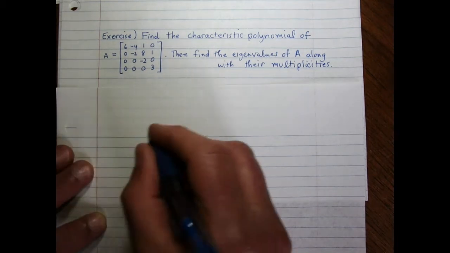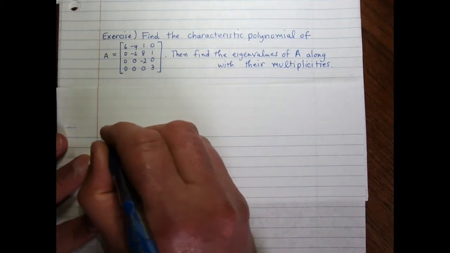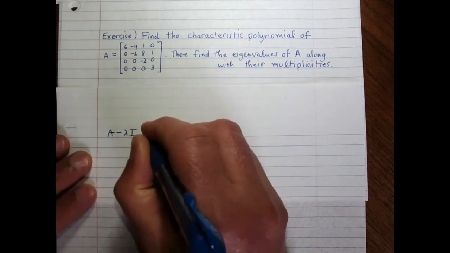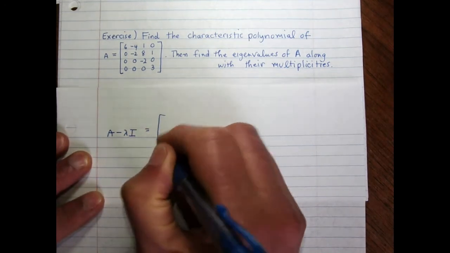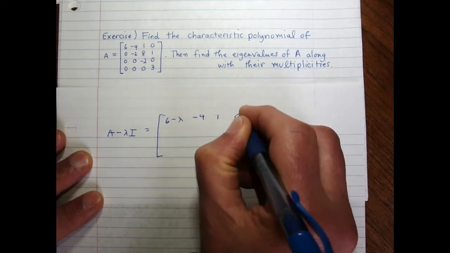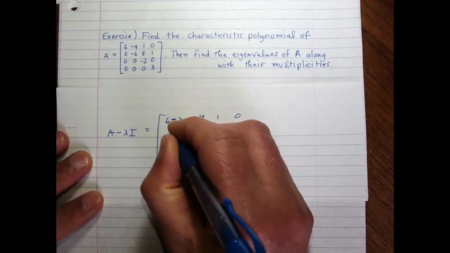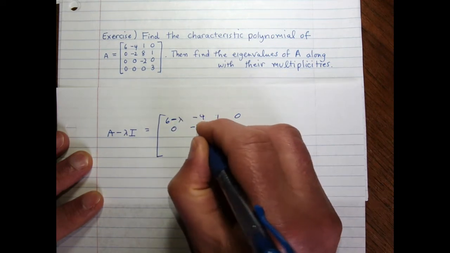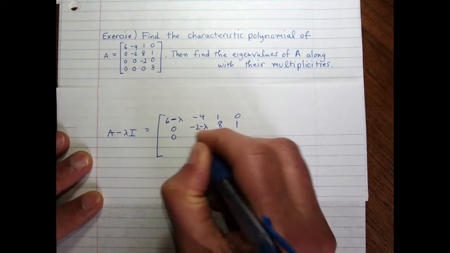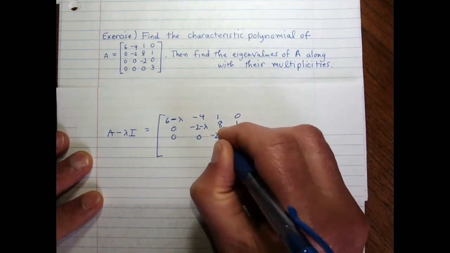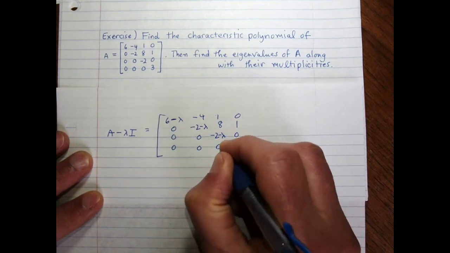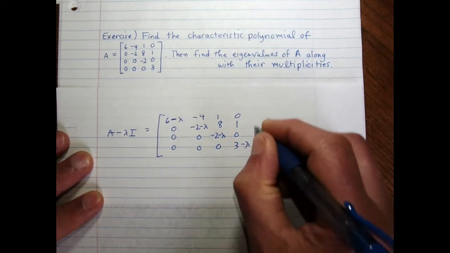And yet I still want to write down this A minus lambda I, which will be 6 minus lambda, -4, 1, 0, 0, -2 minus lambda, 8, 1, 0, 0, -2 minus lambda, 0, 0, 0, 0, 3 minus lambda.